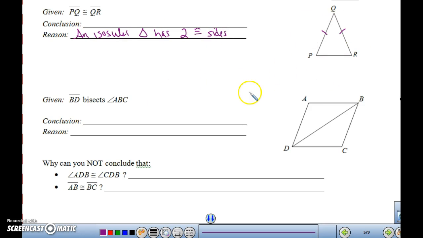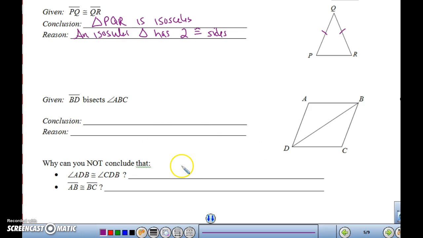So if this has two congruent sides, what's the name of this triangle? Triangle PQR is isosceles. So because this triangle has two congruent sides, it must be isosceles. Notice I am naming the triangle that has that, and that's my specific conclusion based on this reason. So remember, your reasons are your definitions, and then your conclusion is based on that definition.